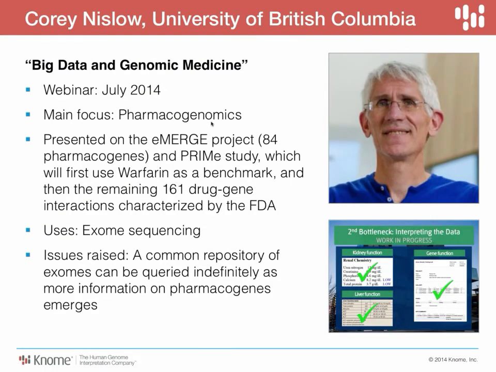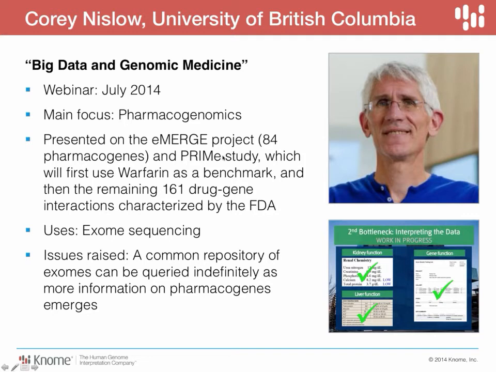So moving on from Dr. Goldstein to Dr. Nislo. Dr. Nislo is a professor at the University of British Columbia in their School of Pharmaceutical Sciences. So naturally, they have a large interest in pharmacogenetics, pharmacogenomics.